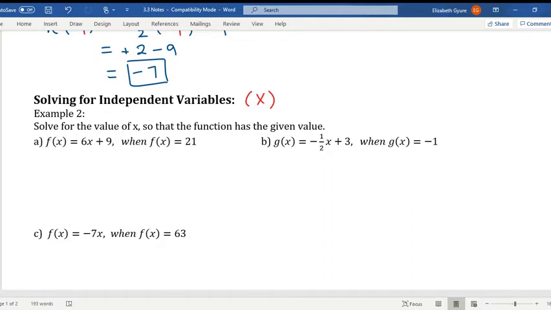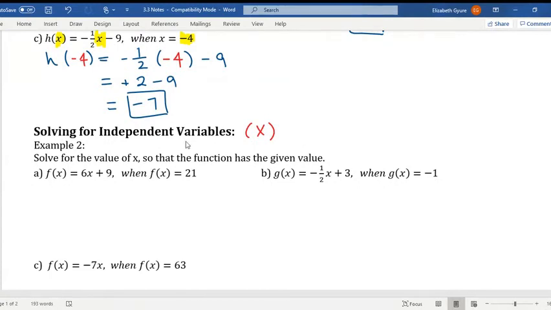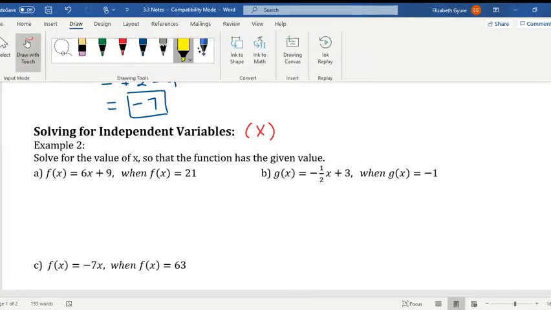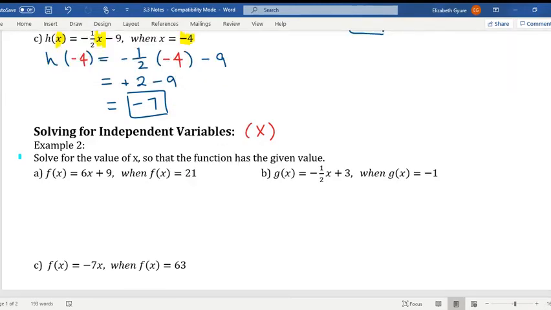So we're going to do the exact same idea we did above, where here it says f of x equals 21. So wherever you see f of x, you're going to put 21. Now, the f of x, the parentheses and stuff always throw people off.